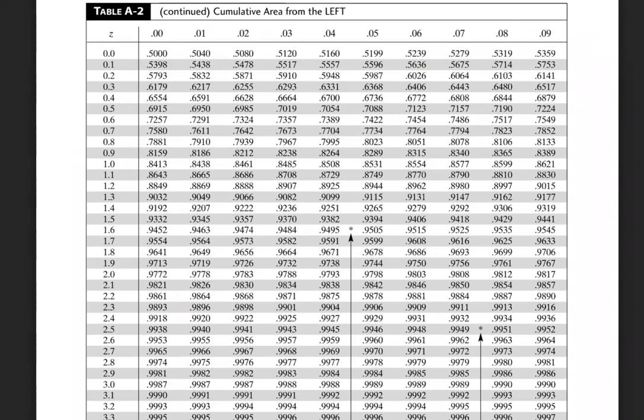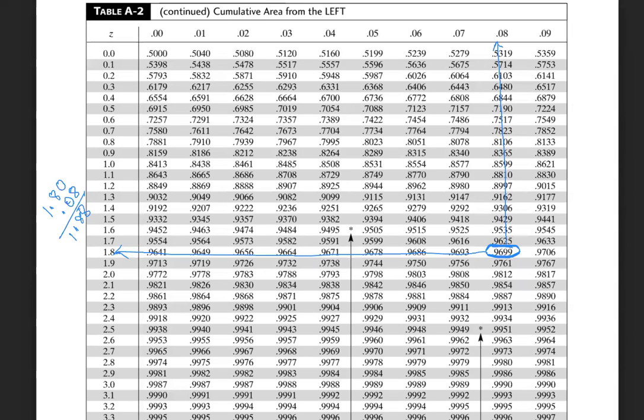It probably won't get any closer than this, 0.9699, which is 0.97. That's 1.8, 0.08. So 1.8 is the same as 1.80 plus 0.08, which is going to give you 1.88.